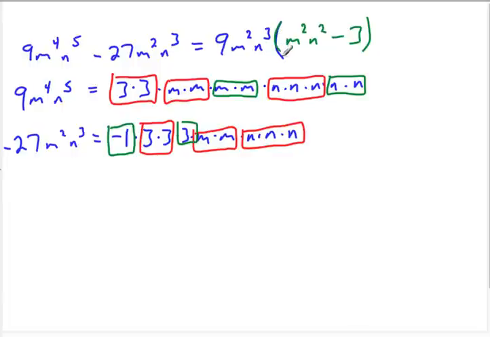Make that both green. Now to double check, 9 m squared times m squared would be 9 m to the fourth, and n cubed times n squared gives n to the fifth. That's correct. And then -3 times 9 is -27, and then 2 m's and 3 n's. So we're good. So here is the answer. And that should do it for the video. Thanks for watching.